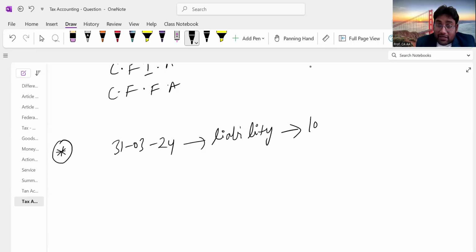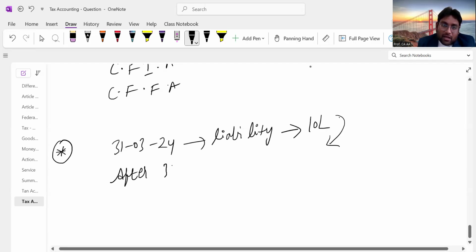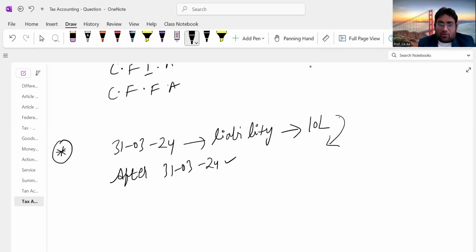When will you pay this liability? I will pay after 31st March 2024. Very simple. In which year should it be? Financial year 24-25.